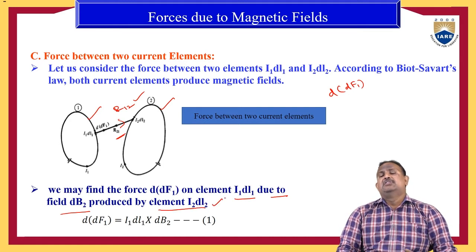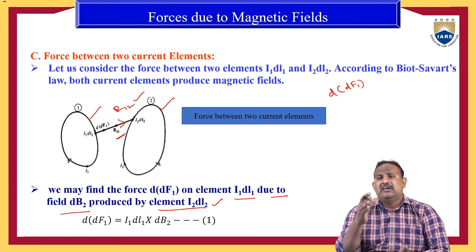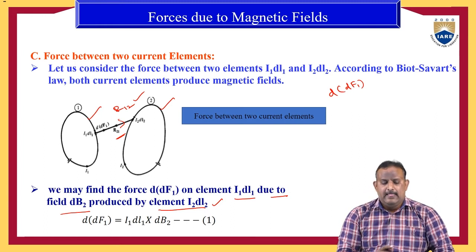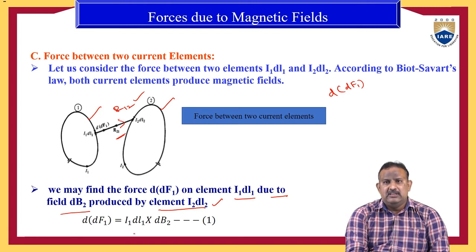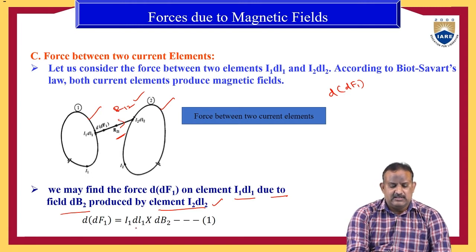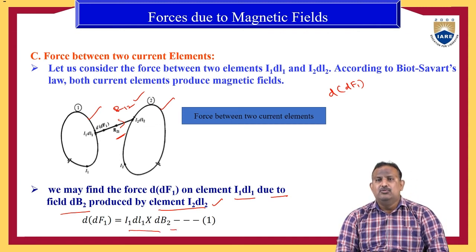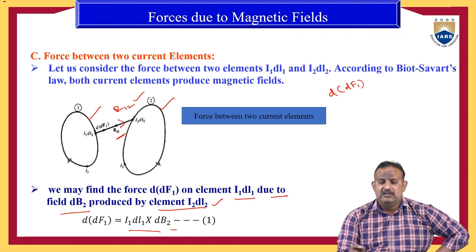So we need to find the force on current element 1 due to current element 2, which is dF1. Using the Biot-Savart's law, we can write dF1 is equal to I1 dL1 cross dB2.